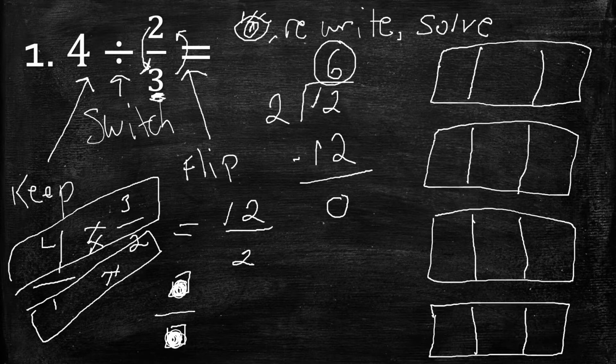So now I need to take 2 of those thirds out of there and keep them in groups of 2s. So I can do 1, 2, that's a group. 1, 2, that's a group.